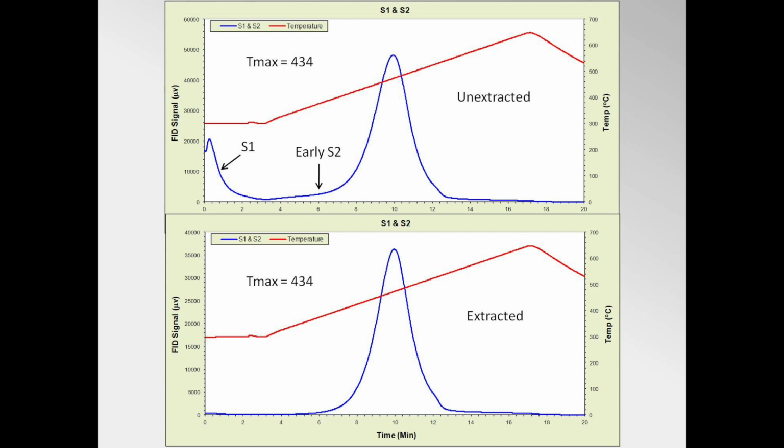We notice that the S1 has disappeared in the extracted sample, and also some of the early S2 has disappeared. Now, S1 is not important because that's never included in the kinetic analysis, but the early S2 material, what I call heavy bitumen, has a big role in the kinetic analysis.